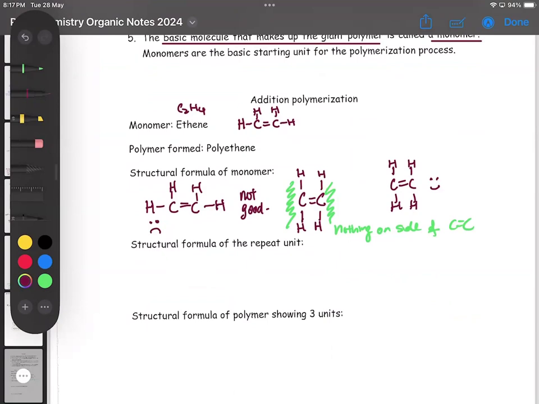Any question, anyone, regarding how to draw it like that? Very important, how to draw the structure of the monomer. It has to be in that format.